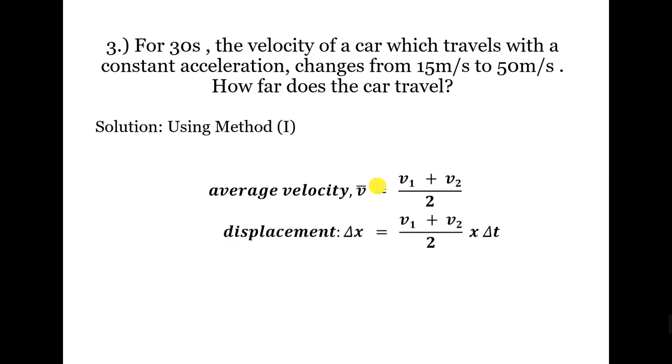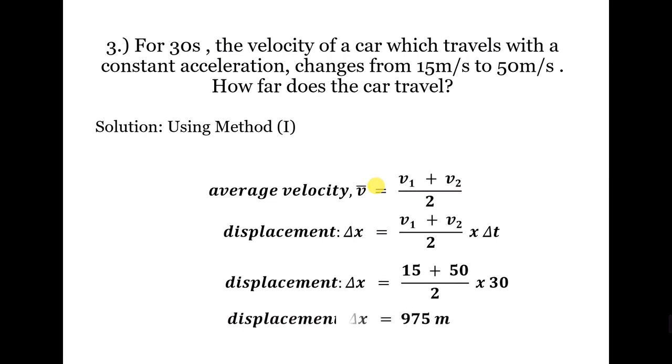Then substitute the values to the formula, which is 15 meters per second as the velocity 1 and 50 meters per second as the velocity 2, with a change in time value of 30 seconds. We can now solve for the displacement and give the result of 975 as the total displacement traveled by the car.